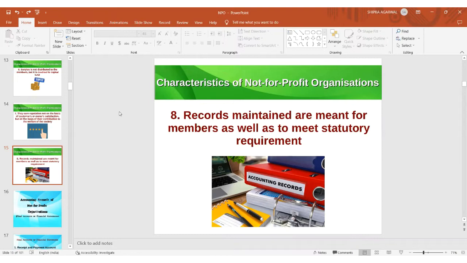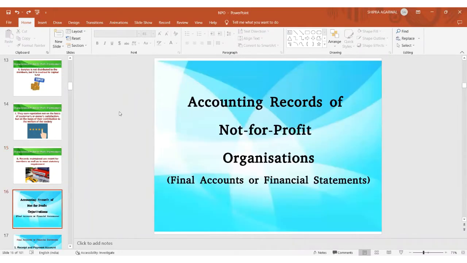And the same is here also, that whatever records you are maintaining, it is either meant for the members or for the statutory requirement, or you can say it is for both, right? Because even the members can use it. That is the reason I use the term either this or this, because if the members want to go through the books of records, they can use it. And even if you are talking about the statutory requirement, then certainly you have to follow this. So as a result, it is prepared for both the groups.